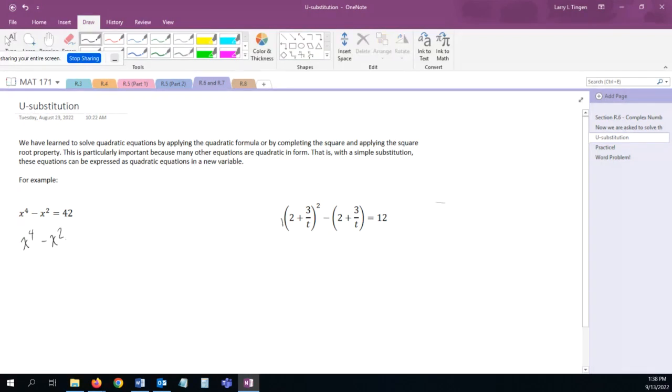Minus 42 equals 0, right? If this were just x squared and x and minus 42, I'd have it. Well, I think I can make it look like that, because notice that the highest power is double the next power, right? x to the fourth is x squared squared.